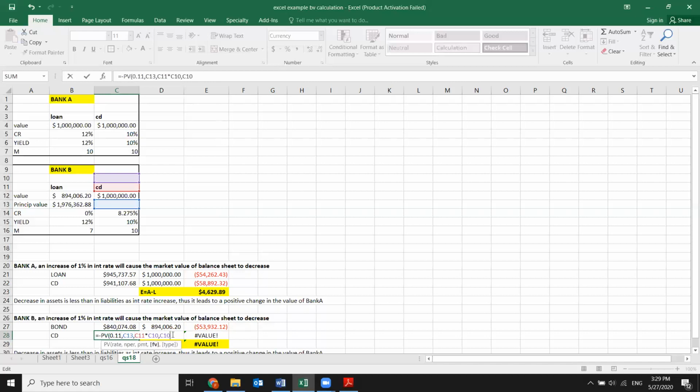The interest rate is 11%. And what else? The number of periods is 10. And the payment is? Who can tell me? 1 million multiplied by 8.27%.